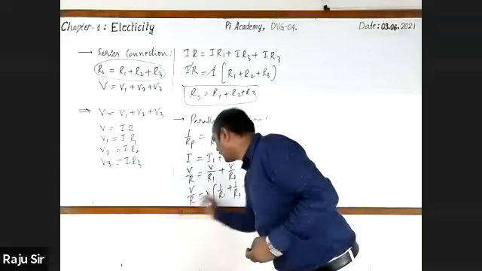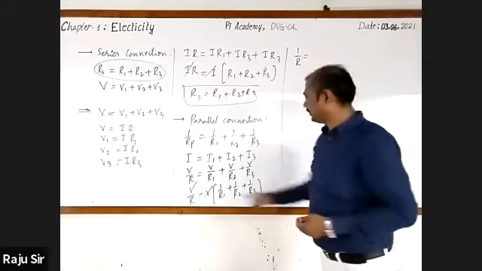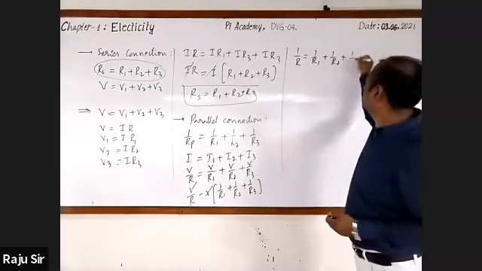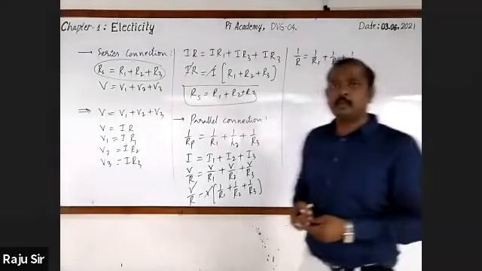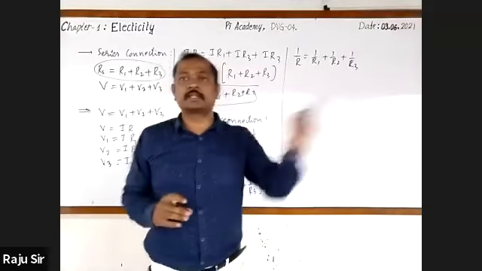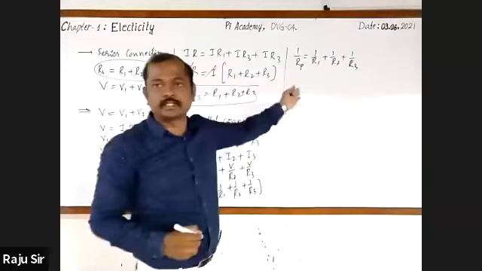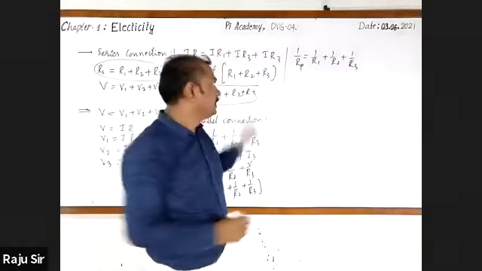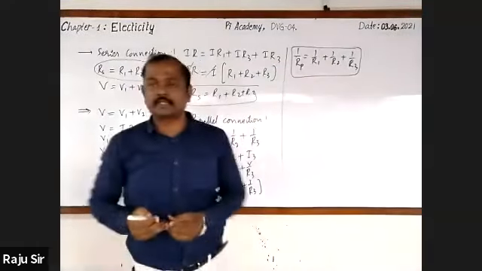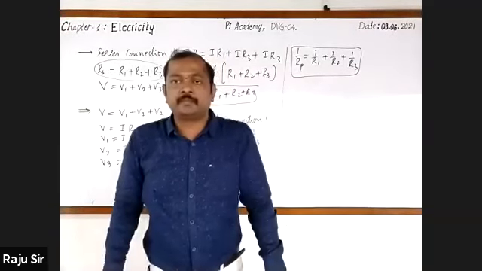Then V by R. V and V get cancelled. You'll get 1 by R is equal to 1 by R1 plus 1 by R2 plus 1 by R3. Here we are taking the total electric resistance of resistors connected in parallel. Hence we take this total electric resistance as Rp. So this is the formula to calculate the total electric resistance of three resistors when they are connected in parallel.